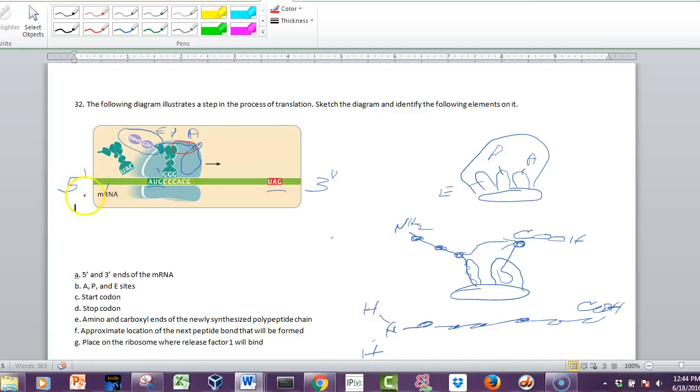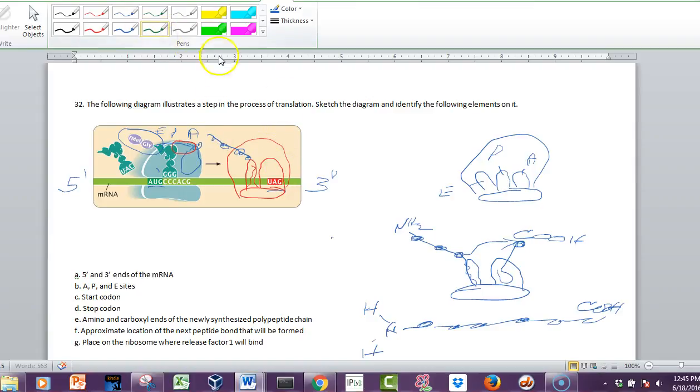And placed on the ribosome where release factor 1 will bind on the ribosome. I don't know, probably here. So eventually the ribosome is going to get to here, and we'll have a tRNA in here. And then we'll have this protein that's coming off with all these different amino acids.